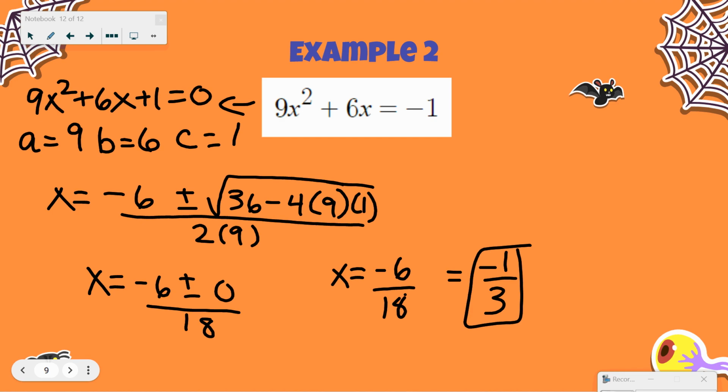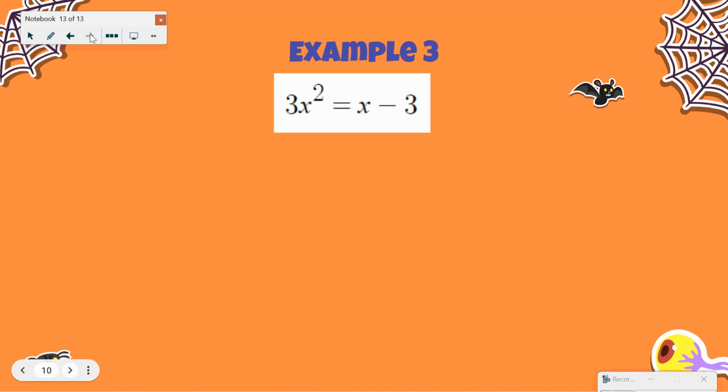Why don't you guys take a second, jot this down, think about what your first step would be. All right, guys, what are you noticing here with this example?